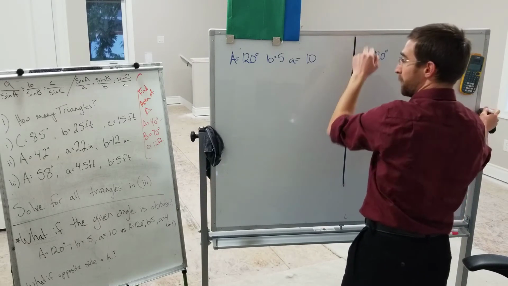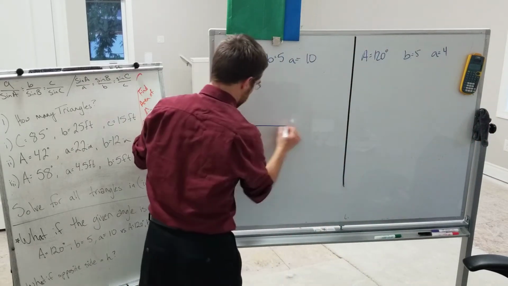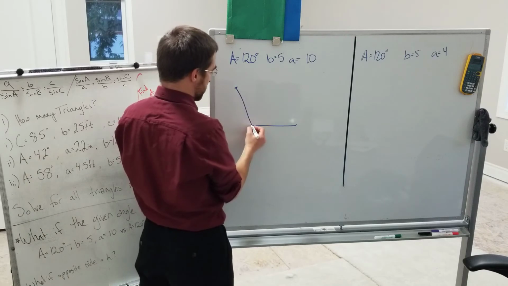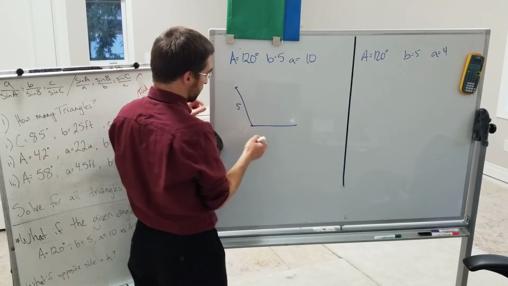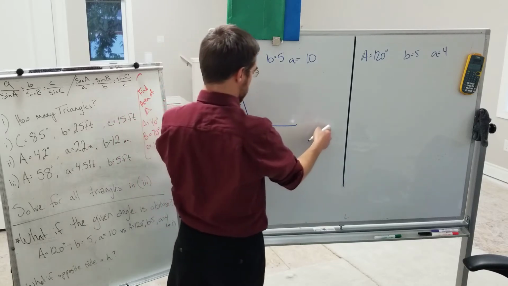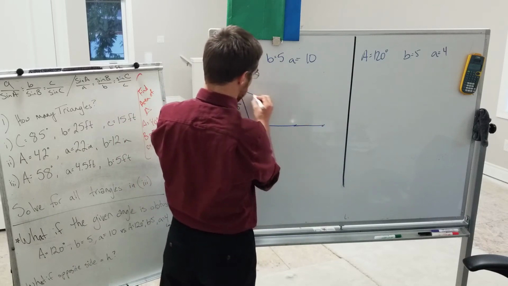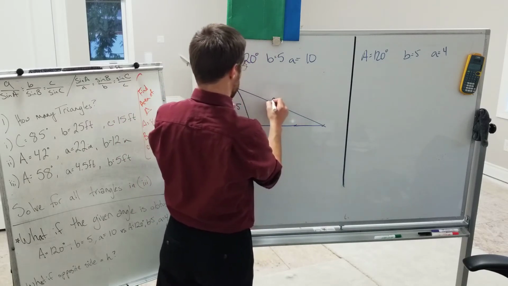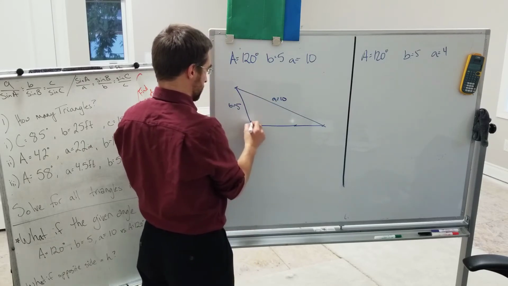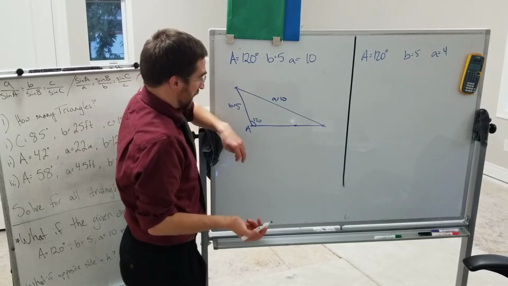So let's just get an example of what this would look like. Boom, 120 degrees-ish. We have this distance here is 5. So 10 would be double that distance. So that would look like this, and we'd have one triangle.